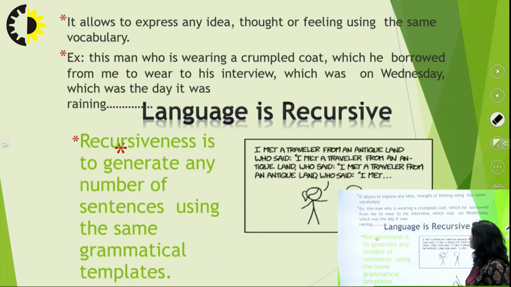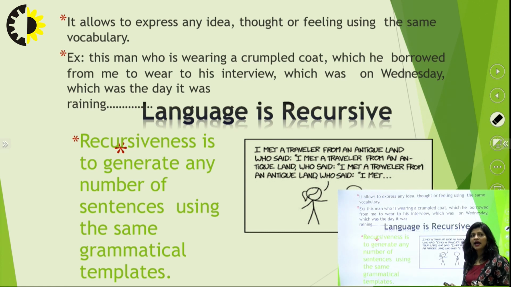The next feature, the last feature you can say, is that language is recursive. It allows us to express any idea, thought or feeling using the same vocabulary. For example, this man who is wearing a crumpled coat which he borrowed from me to wear to his interview, which was on Wednesday and which was the day it was raining.